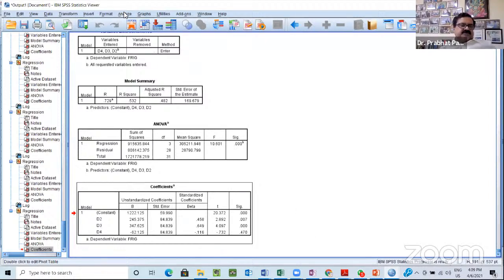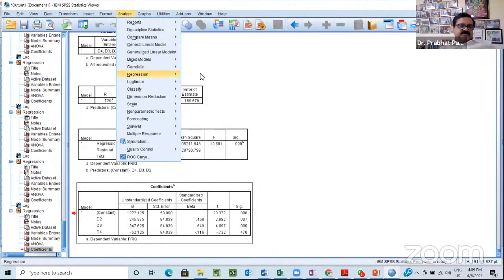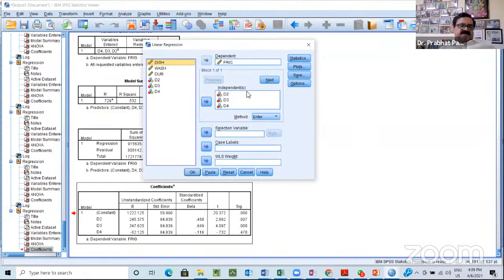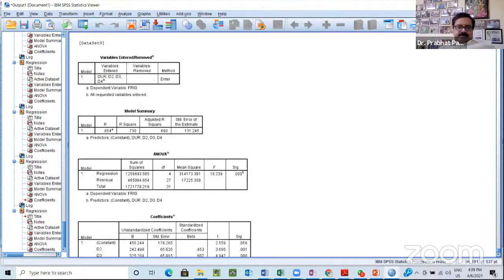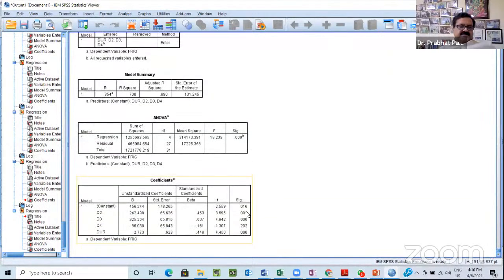But here we can also use the covariate. Suppose we go to regression, linear, and add a covariate, like the expenditure by the family on total durables. In this case, the result will be slightly different when we add the X. D2 is significant, D3 is significant, and D4 is not significant, and the durable expenditure is significant.